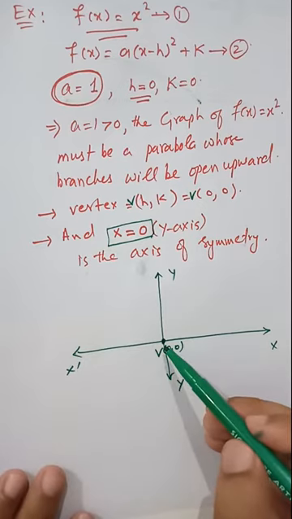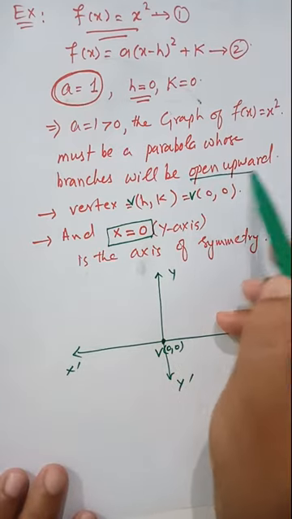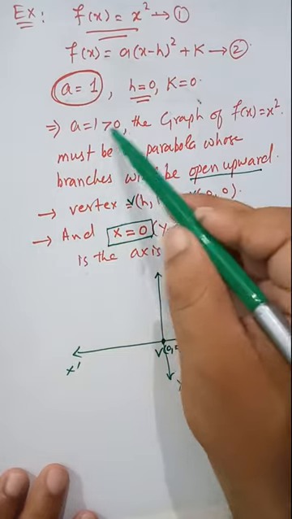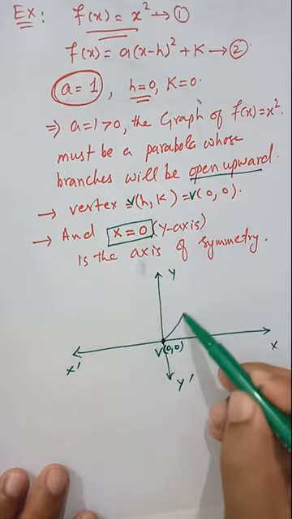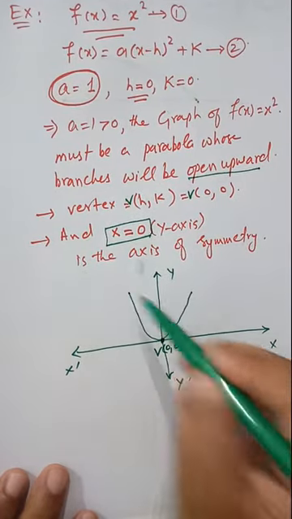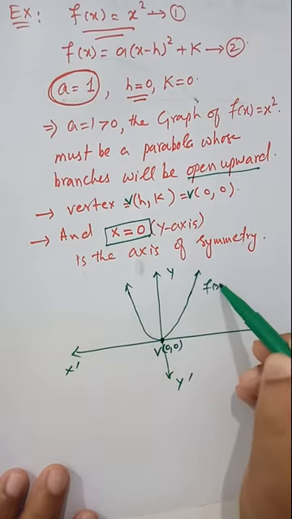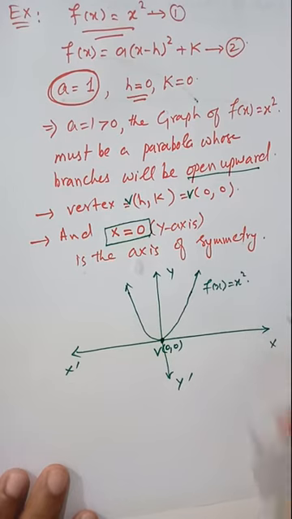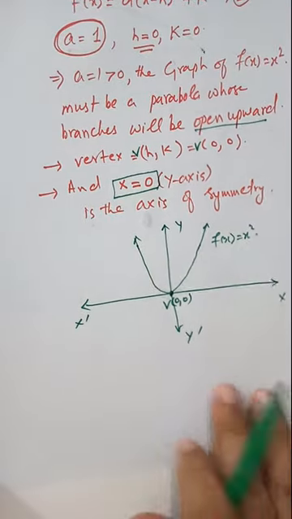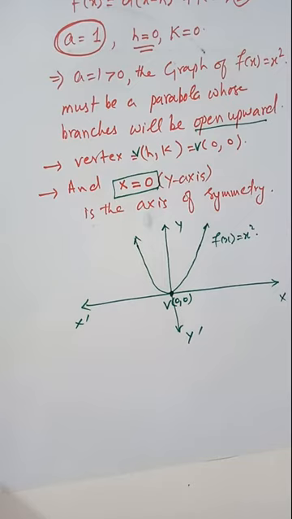So this is the axis of the parabola, and the branches will be open upward because the value of a is greater than 0. So that is the graph of f of x is equal to x square. Now you will check these 3 points for every function.